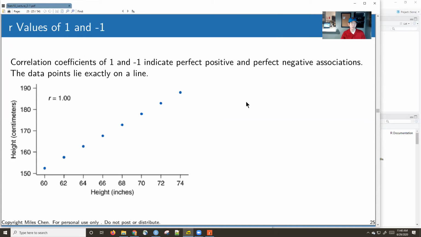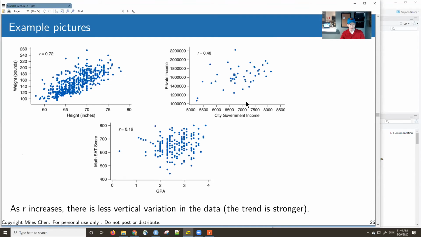So there you go, right? Here are some other example pictures of different values of R. Here R is 0.72, here R is 0.48, here R is 0.19. This one is the relationship between height and weight, 0.72.